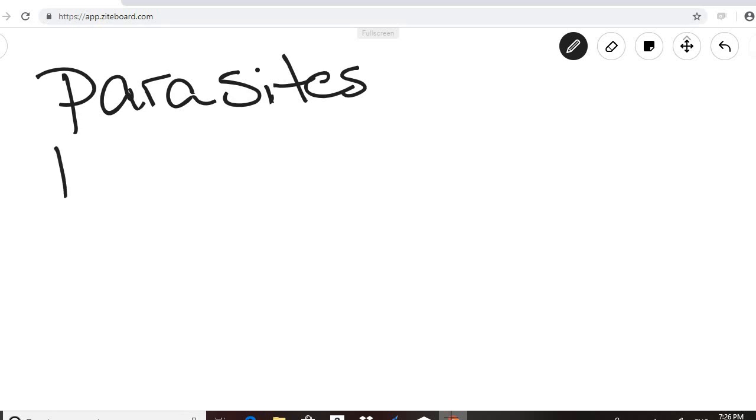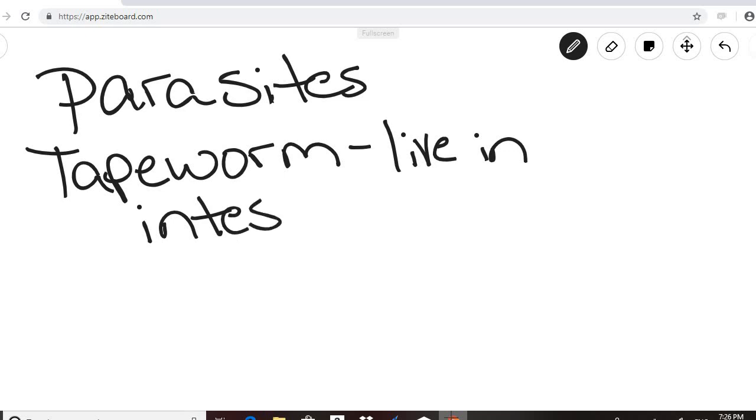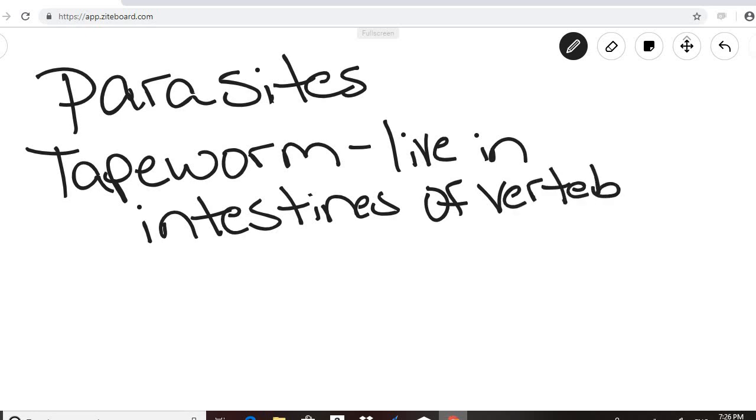Okay, then the other thing that I talked about were tapeworm. And they also are parasites, and they live in the intestines of vertebrates, including humans. And the thing about tapeworms is they do not have a digestive system.